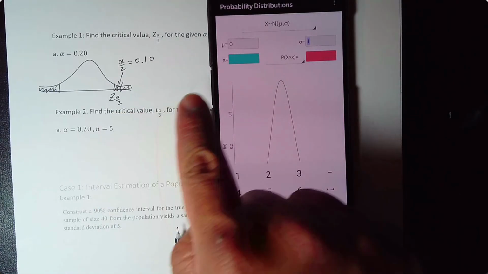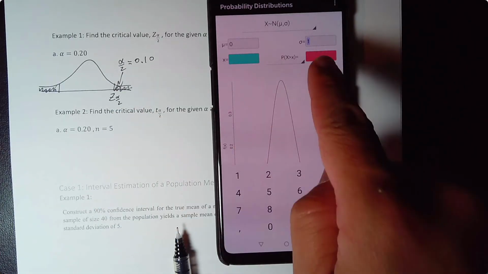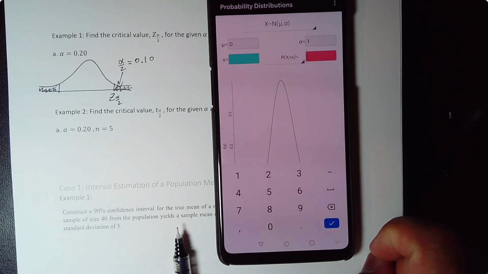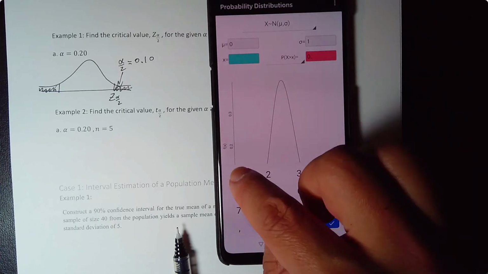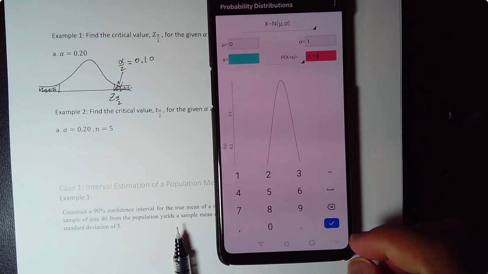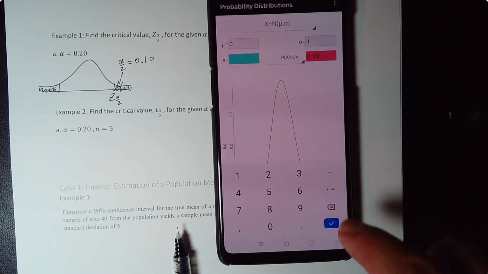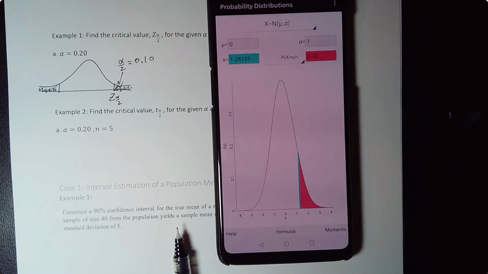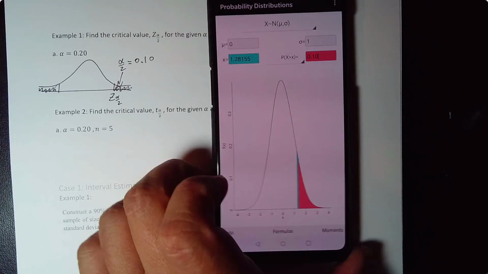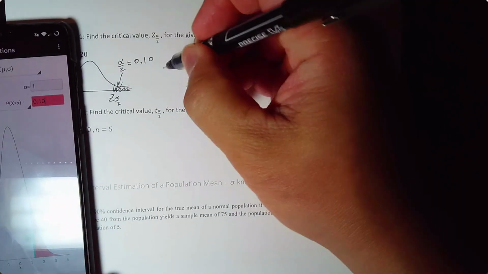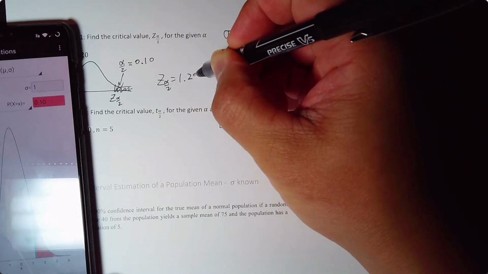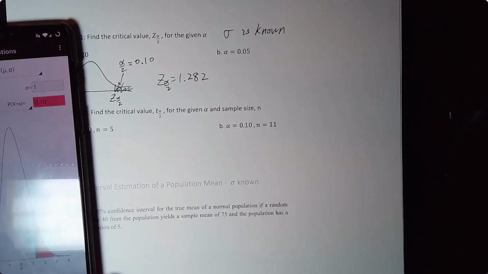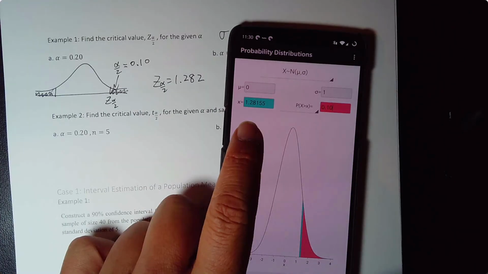But I know that the area in the right tail is 0.10. So I put the area in, and once I hit check, it tells me what the number is. This is 1.28, and that's my critical value. It's 1.282 there.